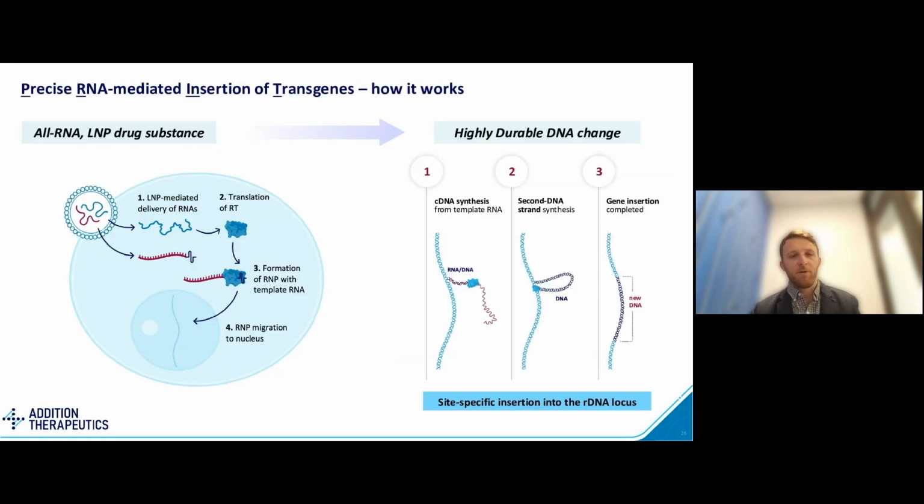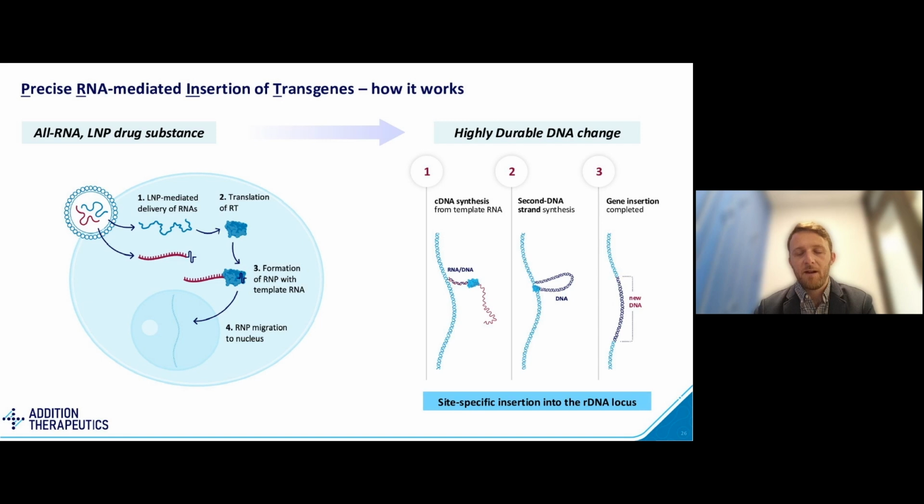So what is PRINT? PRINT stands for precise RNA-mediated insertion of transgenes. And what we do is we take two RNA molecules and package them in an LNP. One of these RNAs is an mRNA, which codes for the R2 retrotransposon, which finds its template RNA, which is the other RNA we deliver, through a structural element on the molecule. They form an RNP and they migrate into the nucleus.